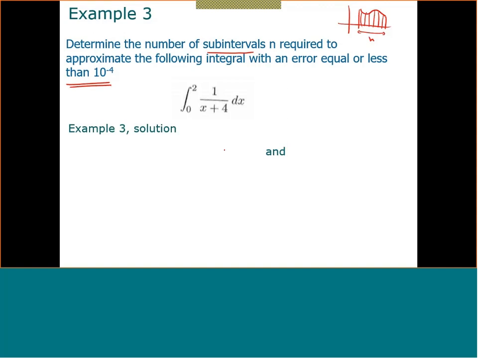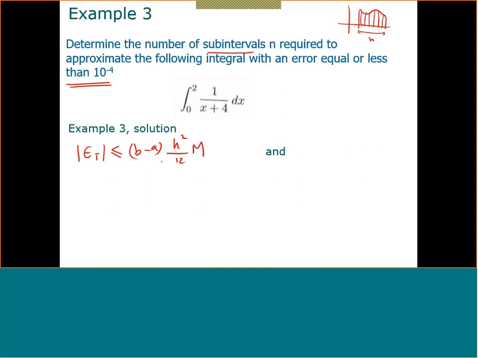We said that the error is less than or equal to (b minus a) times h squared divided by 12, times M. I can also write this in a different way.